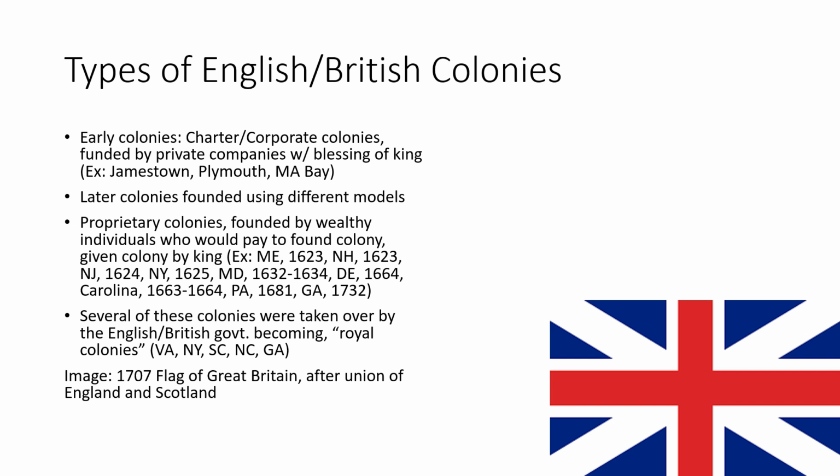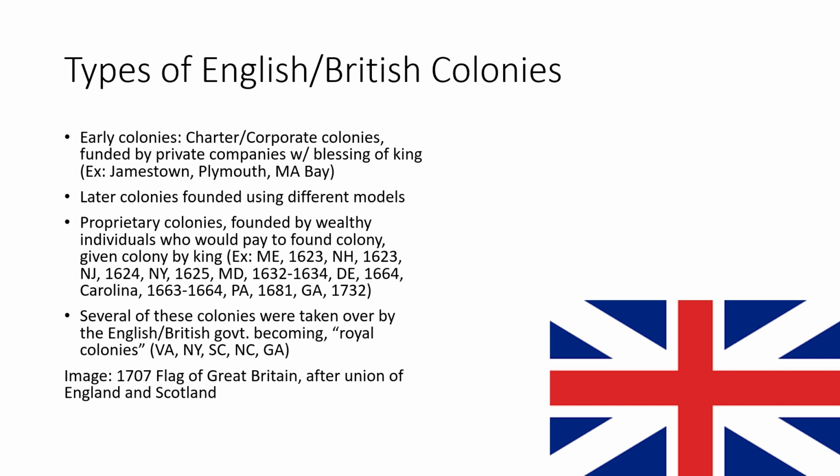There were some colonies that sort of came in as royal from the beginning, and the most notable example would be South Carolina and North Carolina. Technically, they came in as one proprietary colony, but when they split up, they came in as royal colonies in the late 1720s, again reflecting increased centralization.